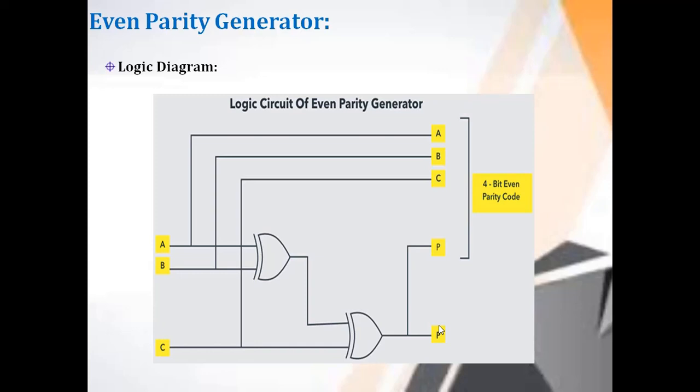Here we pass the 3-bit message A, B, C, and we get one parity bit P.